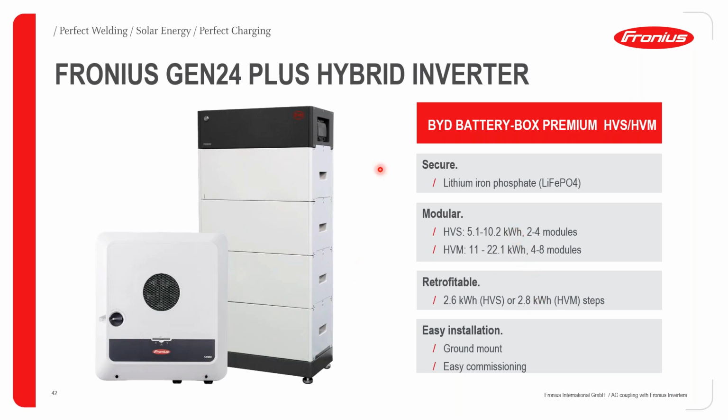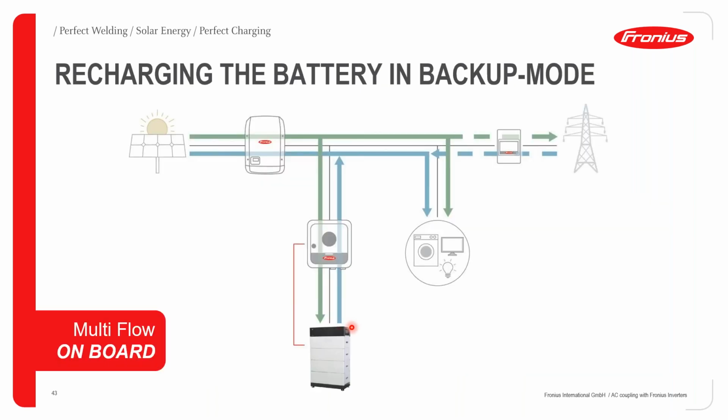So this is just to give us a prelude to AC coupling with the Fronius inverter. To start off with, we can have it in a backup mode. As you can see in this case, we have all Fronius products. So we could have an already existing system with the Fronius Snap Inverter supplying power to the load and to the grid, if allowed for your region or country, as the case would be.